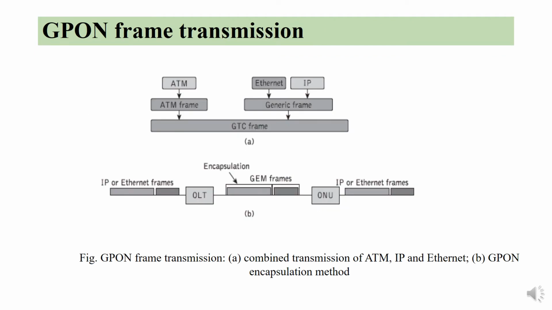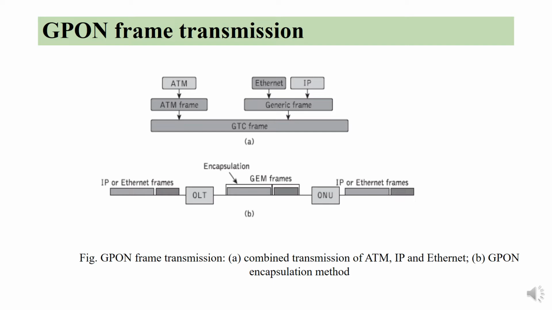GPON frame transmission. We have different modes of transmission. In this case, figure A shows a combined transmission of ATM, IP and Ethernet, which are mapped onto the GPON frame architecture.